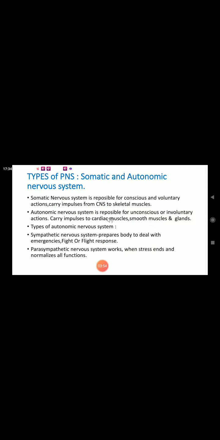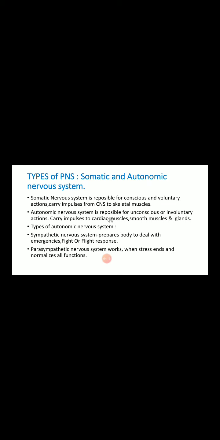Dear students, there are two types of peripheral nervous system, somatic nervous system and autonomic nervous system. Somatic nervous system is responsible for the conscious or the voluntary actions, and they carry the impulses from central nervous system to the skeletal muscle, the muscle which are attached to the bones.